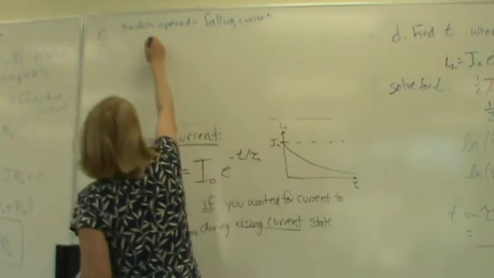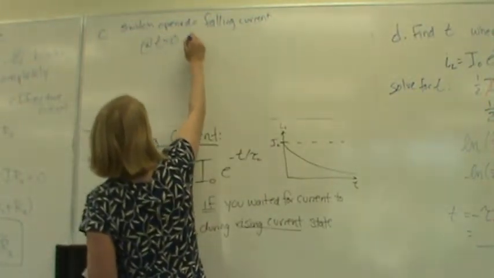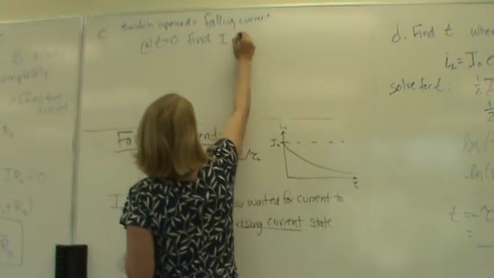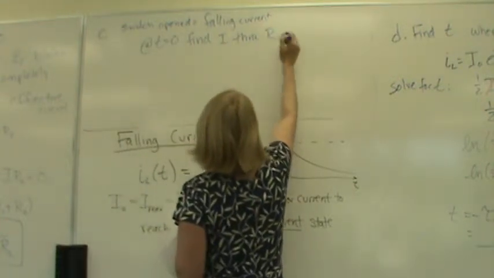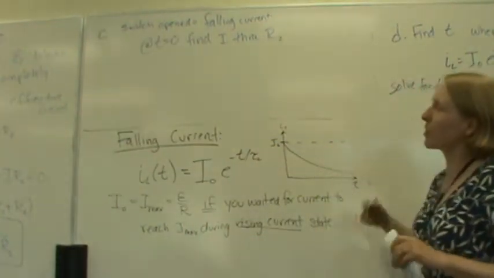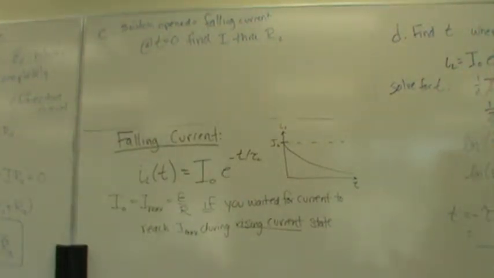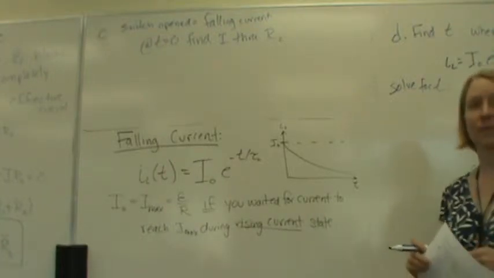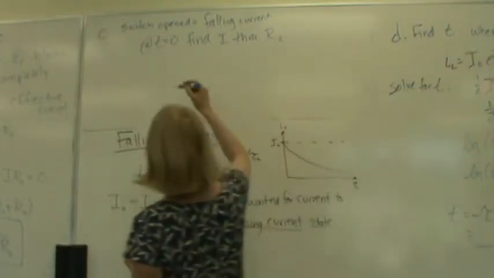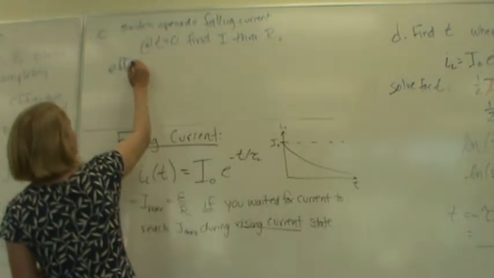At time equals 0, find I through R2. Somebody want to talk about what's going to happen at time equals 0? R1 gets taken out of the equation entirely, so you only have the two elements, R2 and the inductor. Good. So we have a new effective circuit.